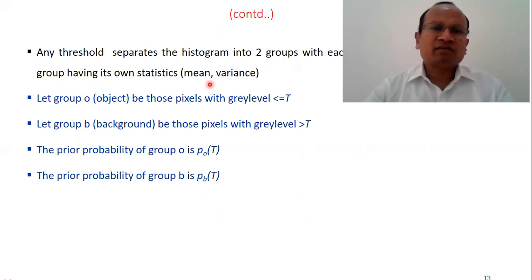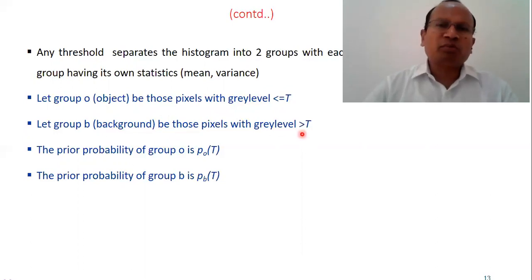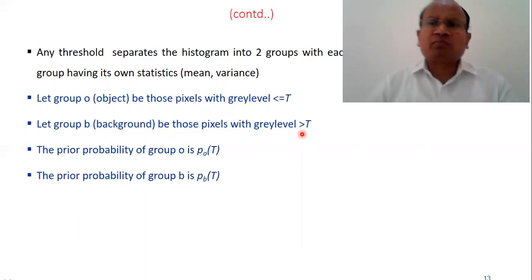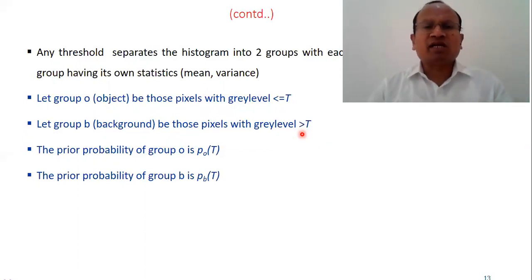So how can we describe this? Let there be two groups, O and B. O stands for object and B stands for background. So let O be the pixels having gray level values less than or equal to T, and background pixels, say B, greater than T. So there we have to use some mathematical foundation, mathematical equation.